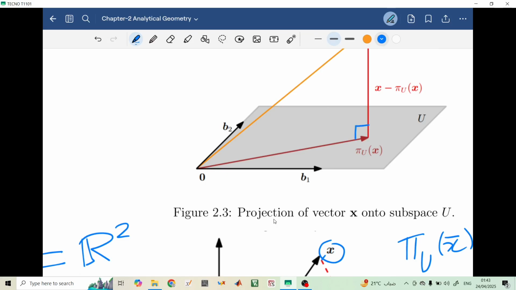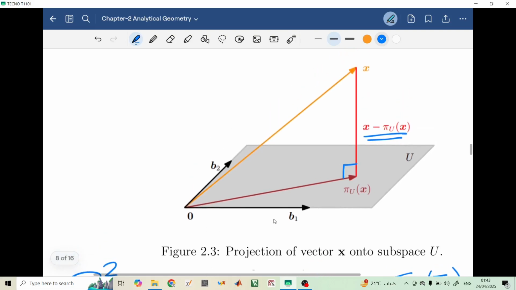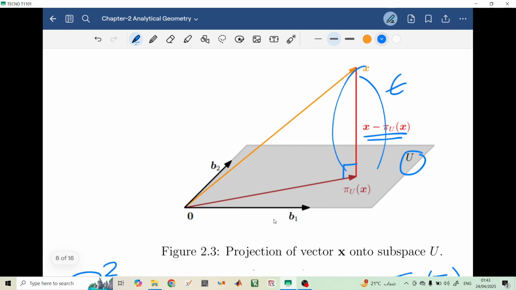So this is the projection and this is the difference, which is orthogonal, perpendicular to the projection. And this is what we talked about. The vector x has two components. One is projected on u, and the rest of it belongs to u perpendicular. This is u perpendicular.